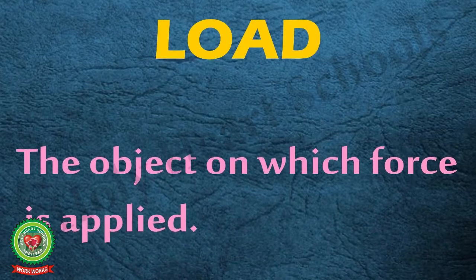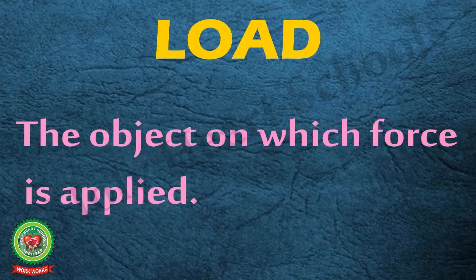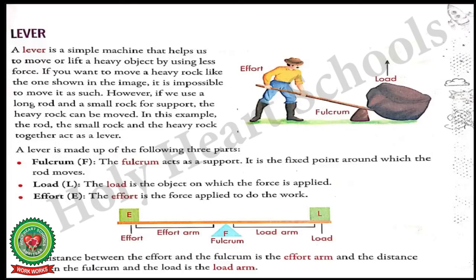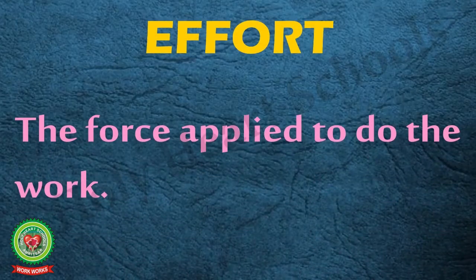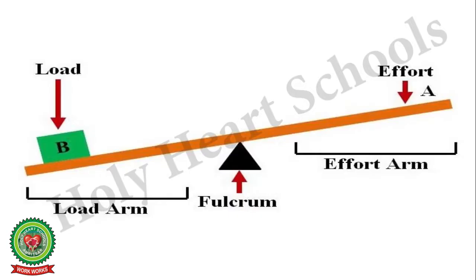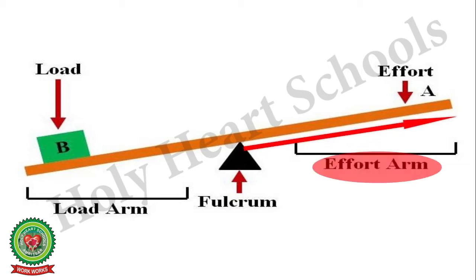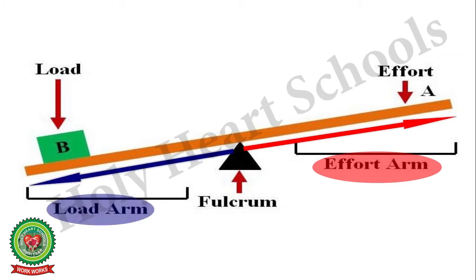The object on which force is applied is called load. Effort. What is effort? Effort is the force applied to do the work. Students, the distance between the effort and the fulcrum is called the effort arm, and the distance between the fulcrum and the load is called the load arm.